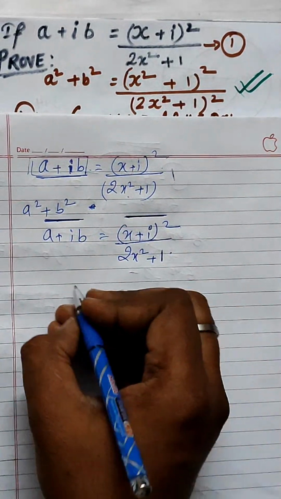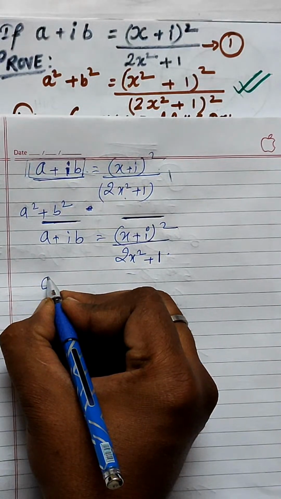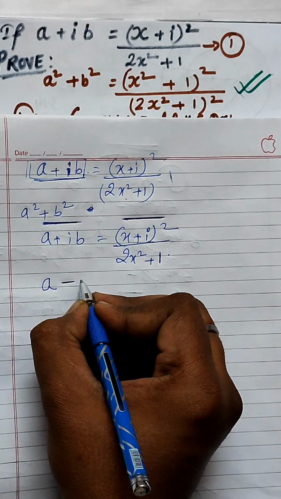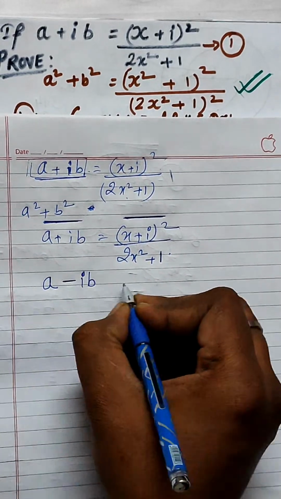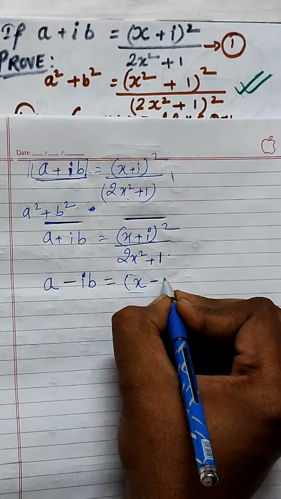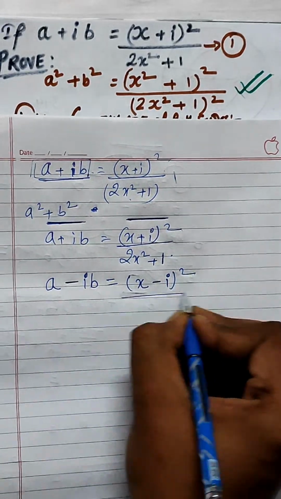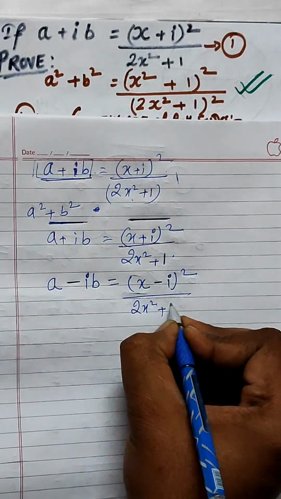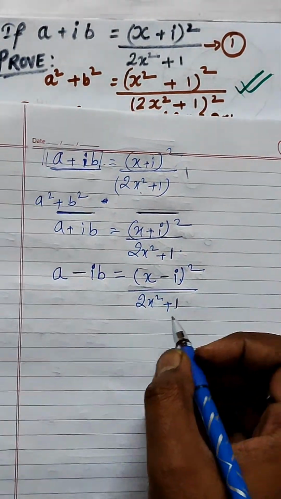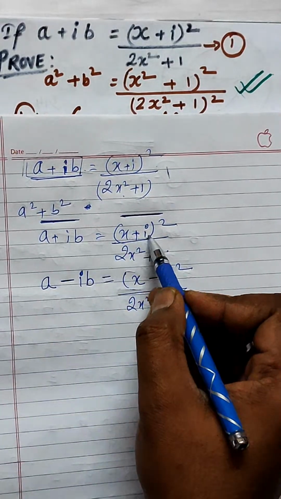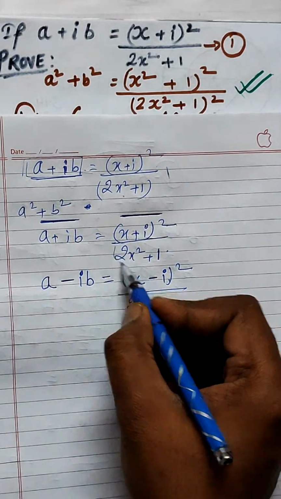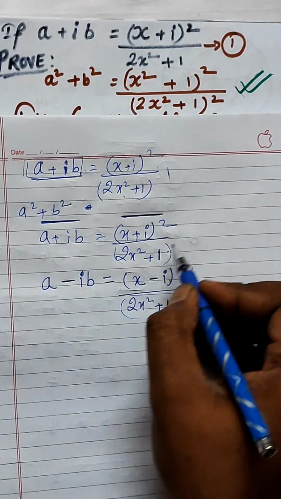When you take the conjugate, a minus ib will be equal to (x minus i) whole square by 2x square plus 1. Now we have the values of a plus ib and a minus ib, with denominator 2x square plus 1.